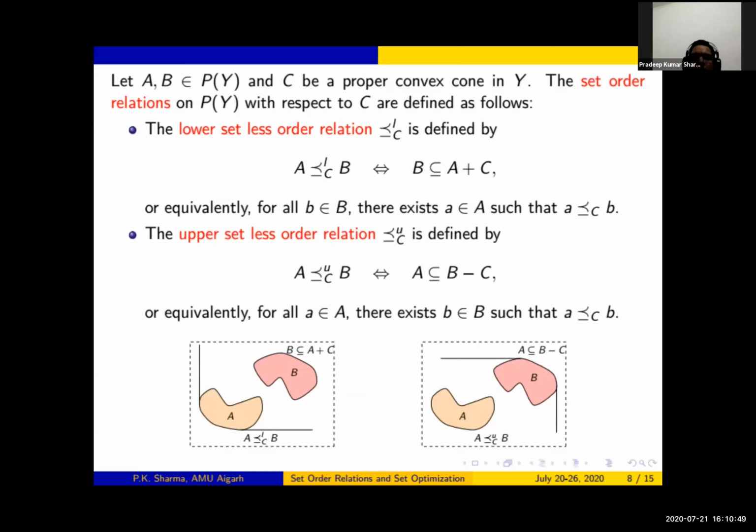It is important to note that lower set less order relation and upper set less order relation are pre-orders, that is reflexive and transitive order relations, but they are not partial order relations.